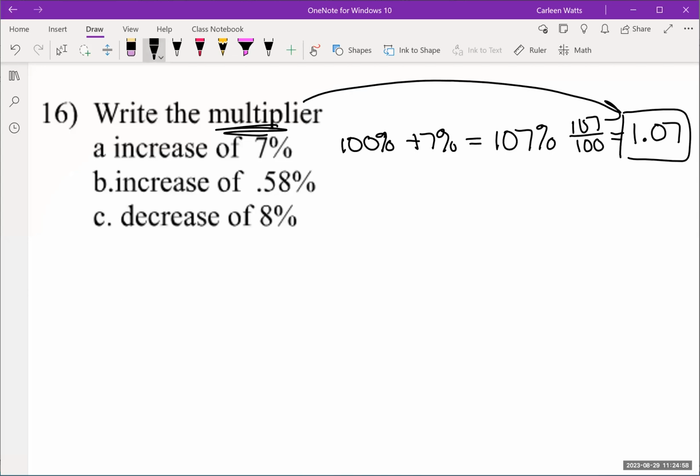Okay, how about B? An increase of 0.58%. Tricky. You can either add 100 and then divide, or you can divide and then add. So 2 ways to do it. It's either 100% plus 0.58%.